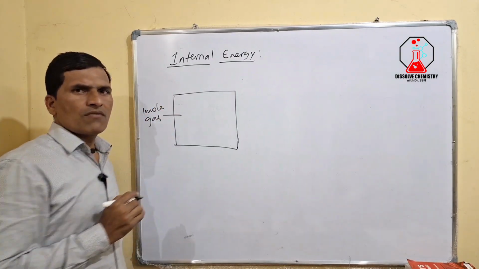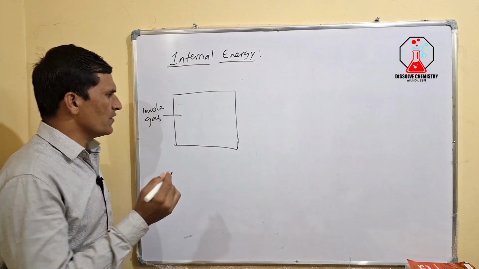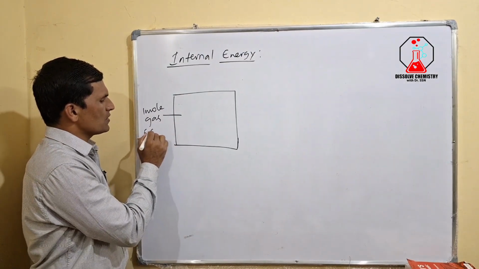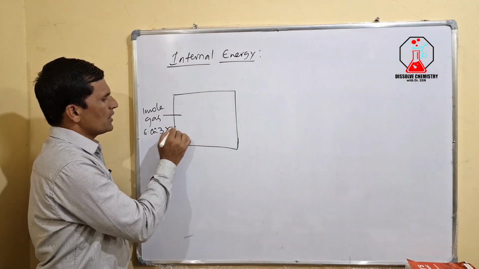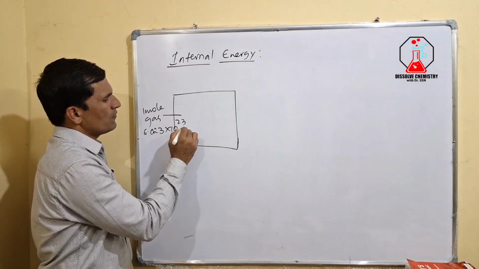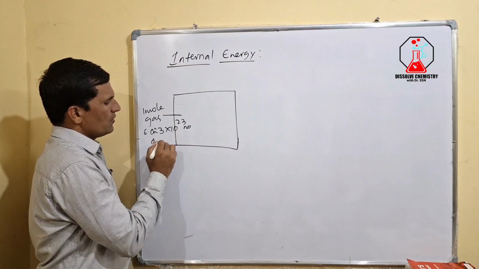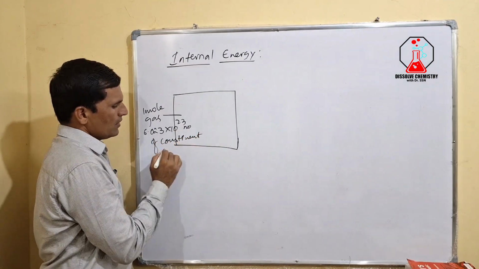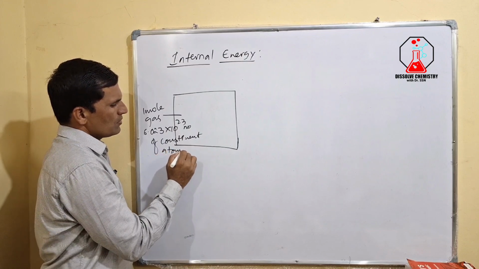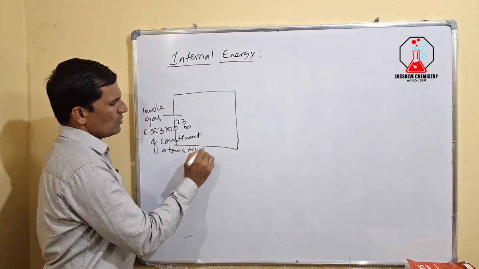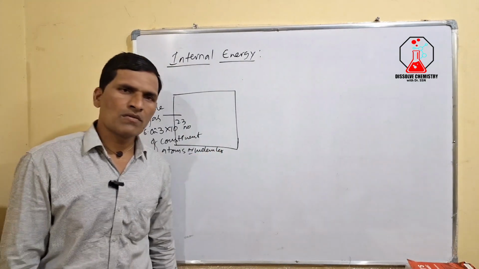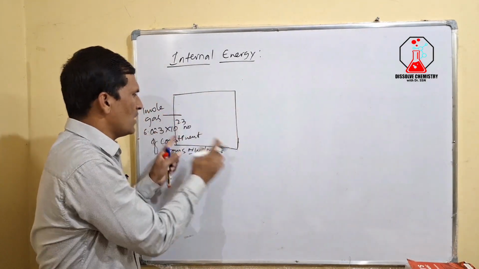As it contains 1 mole of gas, how many atoms or molecules will be there? 6.023 times 10 to the power 23 constituent atoms or molecules will be there when you take a system of 1 mole of gas.